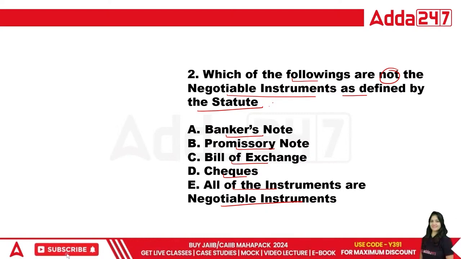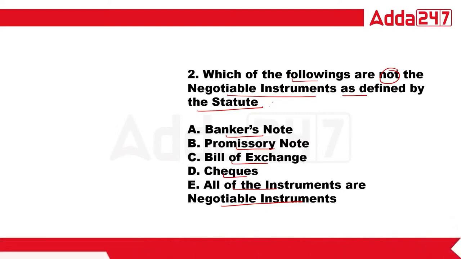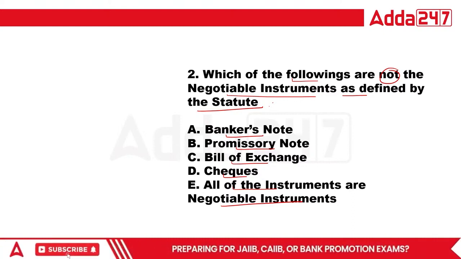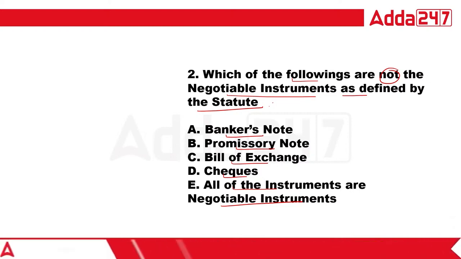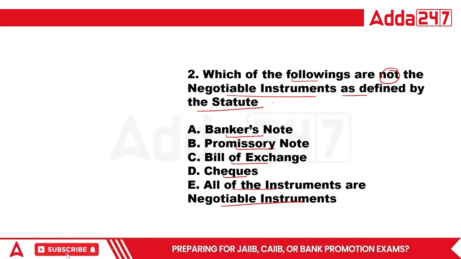Yes class, which of the following is not a negotiable instrument as defined by the state? Banker's note, promissory note, bill of exchange, check.